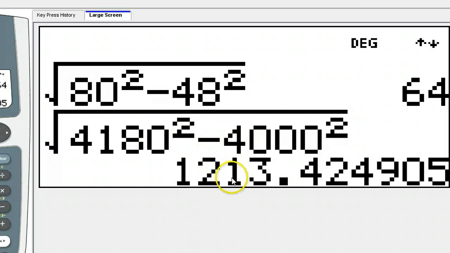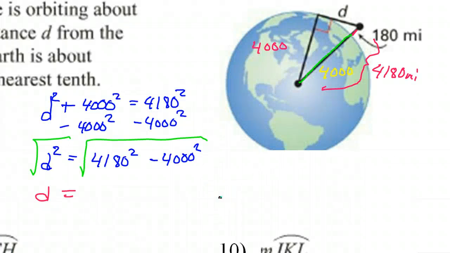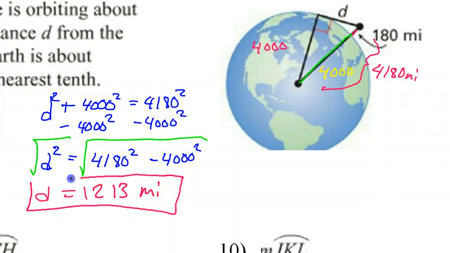It's not a nice whole number, but it's close enough. 1,213. I'm going to go ahead and round this to the nearest mile. So that would be the distance to the horizon. Don't forget your units.